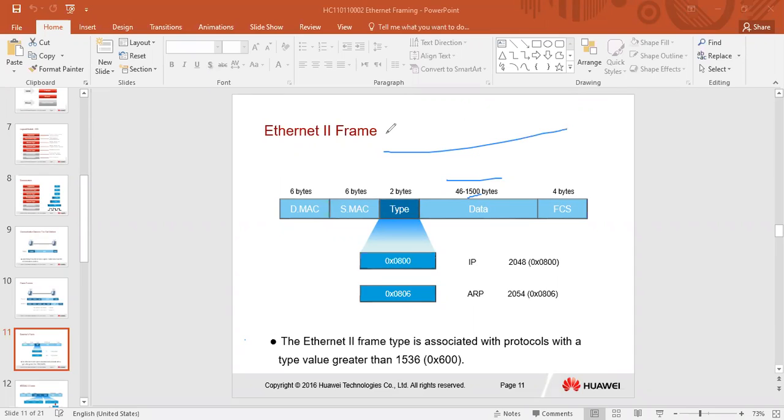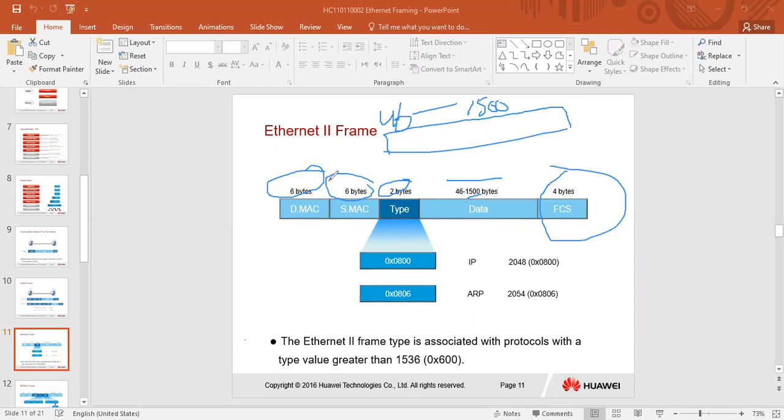It means in any frame you can arrange 46 to 1500 bytes. Then 4 bytes are the checksum, 2 bytes are the type, 6 bytes are the source MAC address, and 6 bytes are the destination MAC address. The original data is up to 1500 bytes, the least is 46.